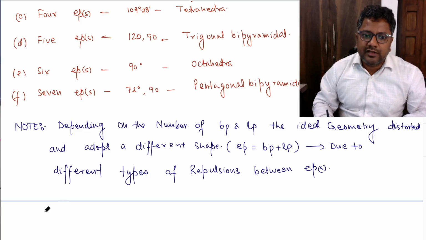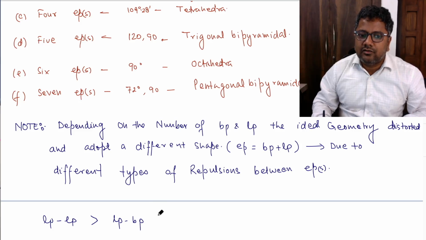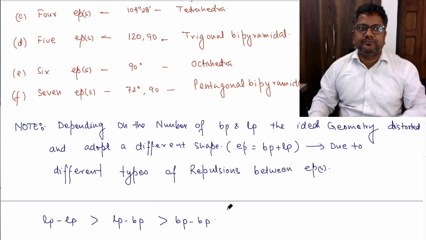See, lone pair–lone pair has the highest repulsion, then lone pair–bond pair, and the lowest repulsion is between bond pair and bond pair, right?